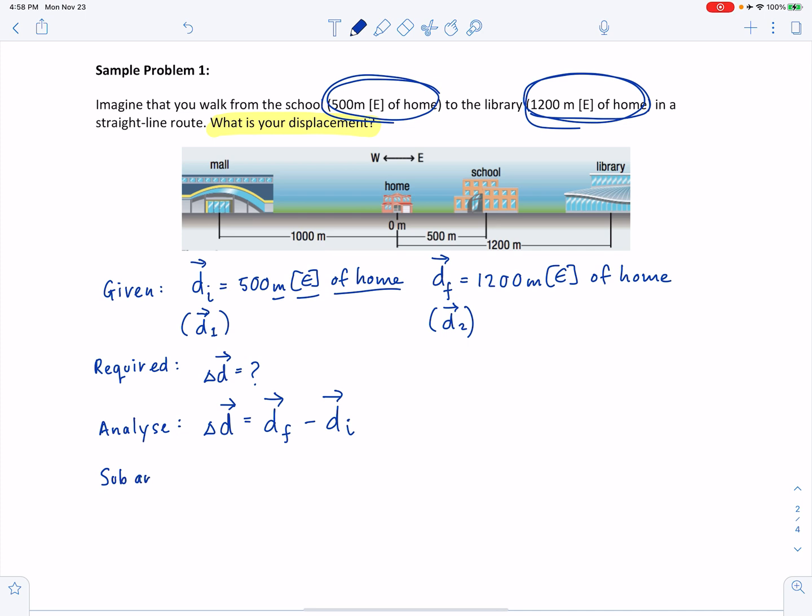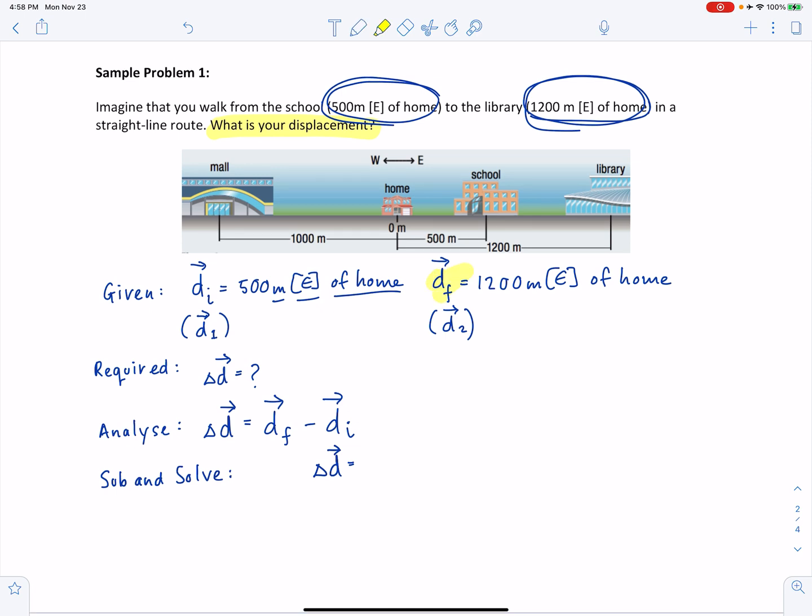Sub and solve. So delta D is equal to D final, which is 1,200 meters east of home. And from that, we are going to subtract the initial position, 500 meters east of home.